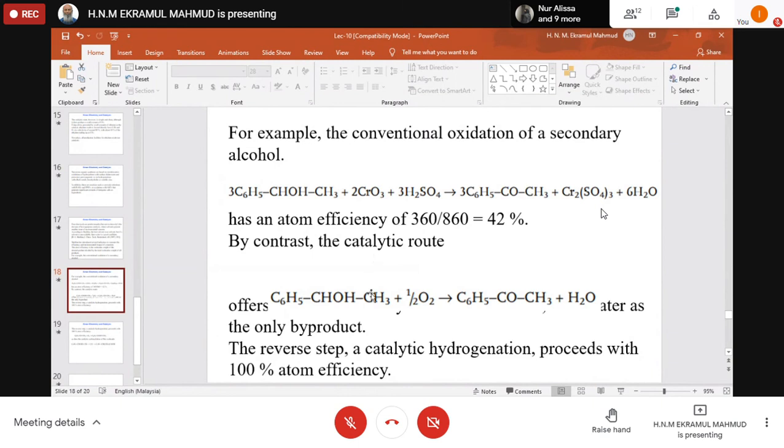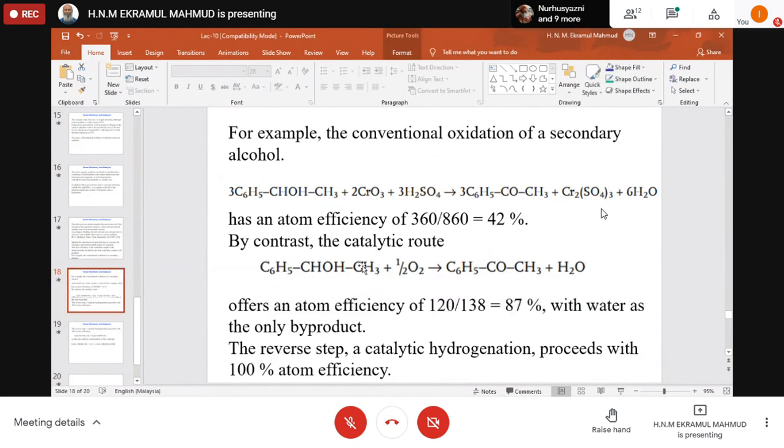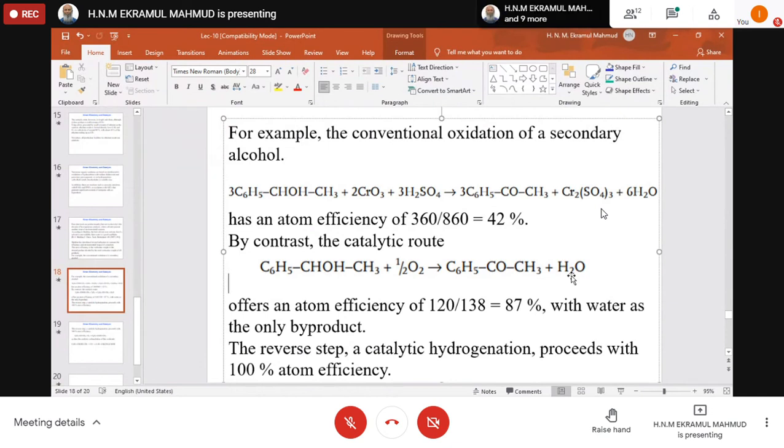So by contrast, the catalytic route can solve this problem. If you use this catalyst for conversion of the secondary alcohol, it offers an efficiency of 87%, because this is 120 divided by 120 plus H2O, that is hydrogen 2, oxygen 16, 18, right?